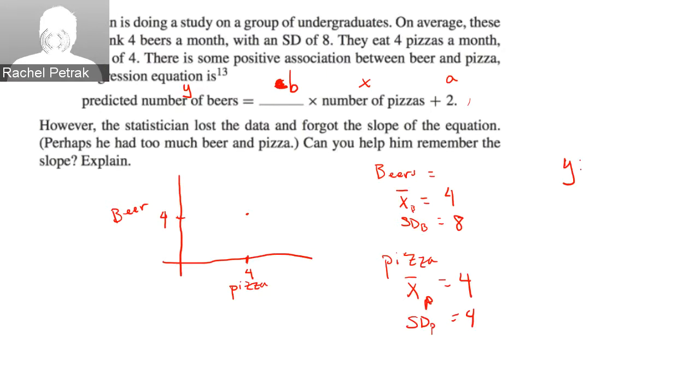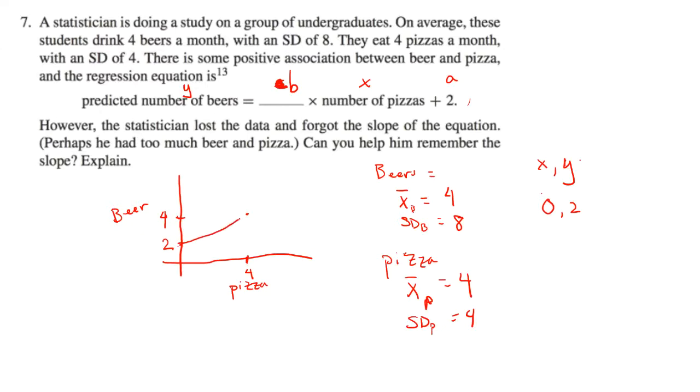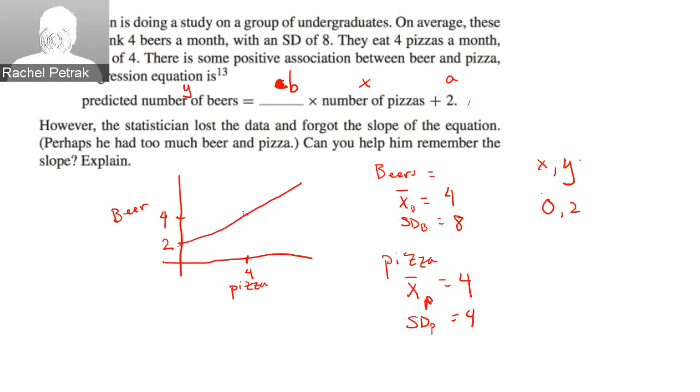So we can make this a point. The y-intercept is a value of y, so we know that the corresponding value of x would be 0, and then the point is (0, 2). So when x is 0, y is 2, which puts our point right here. And we've got a regression line through our 2 points.